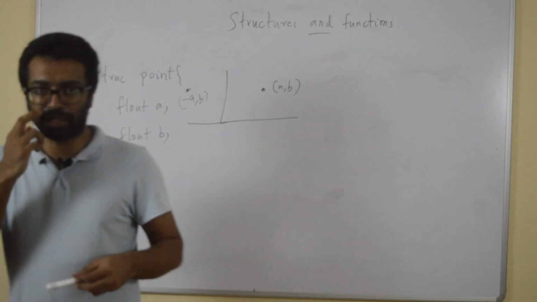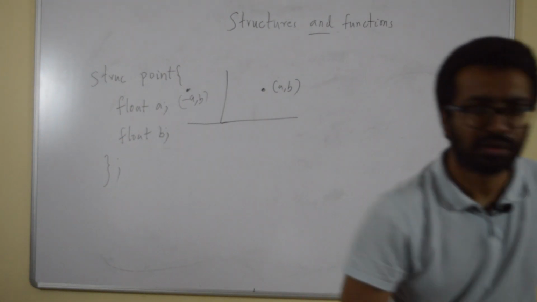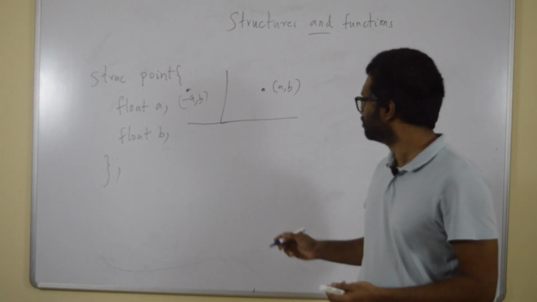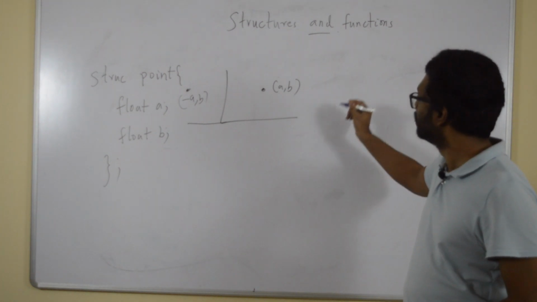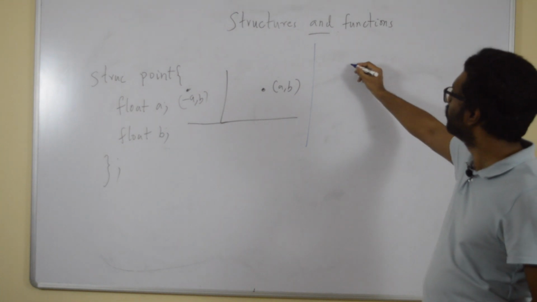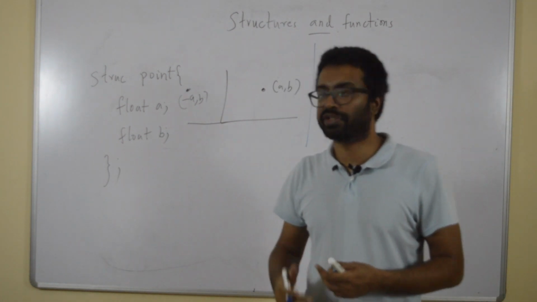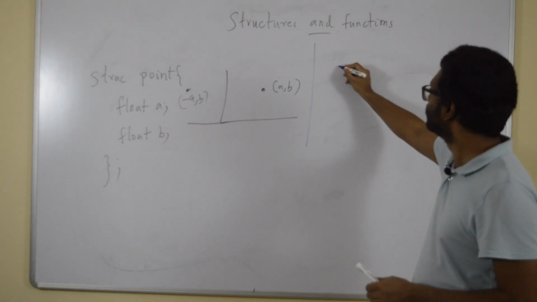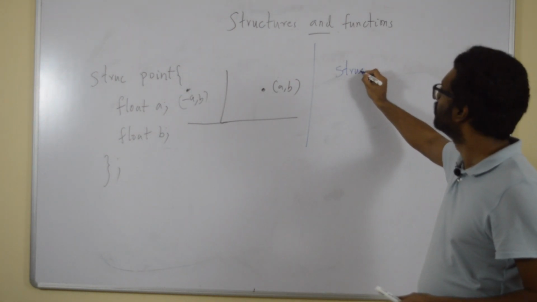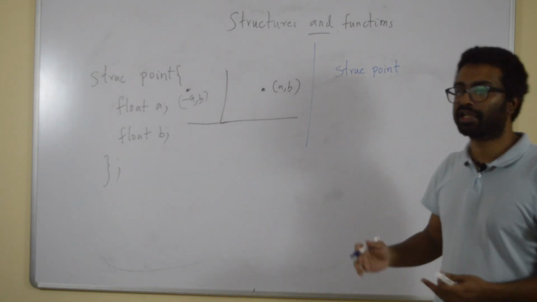This is the function I am interested in writing, and let's call it reflect x. What is the return type of this function? The return type should also be a struct point.